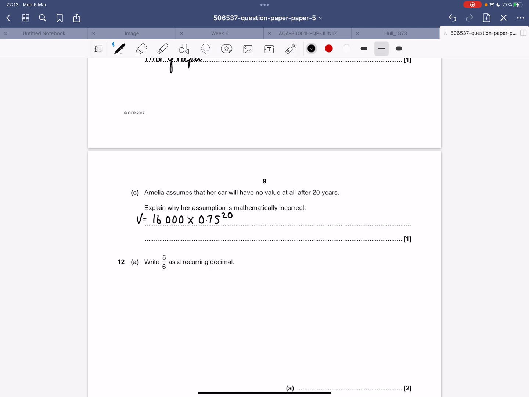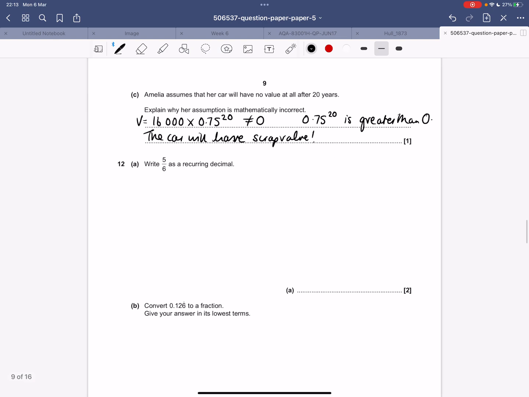It's not equal to 0 because 0.75 to the power 20 is greater than 0. You're going to say the car will have some scrap value. Even though this will be a very small number, it's not going to be 0. So 16,000 times something that's not 0 is not going to be 0.